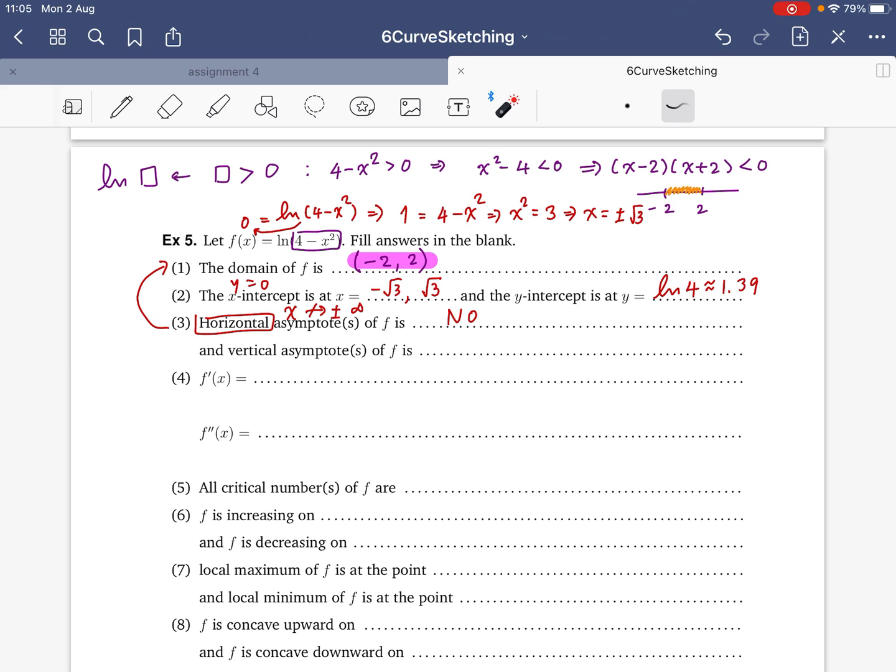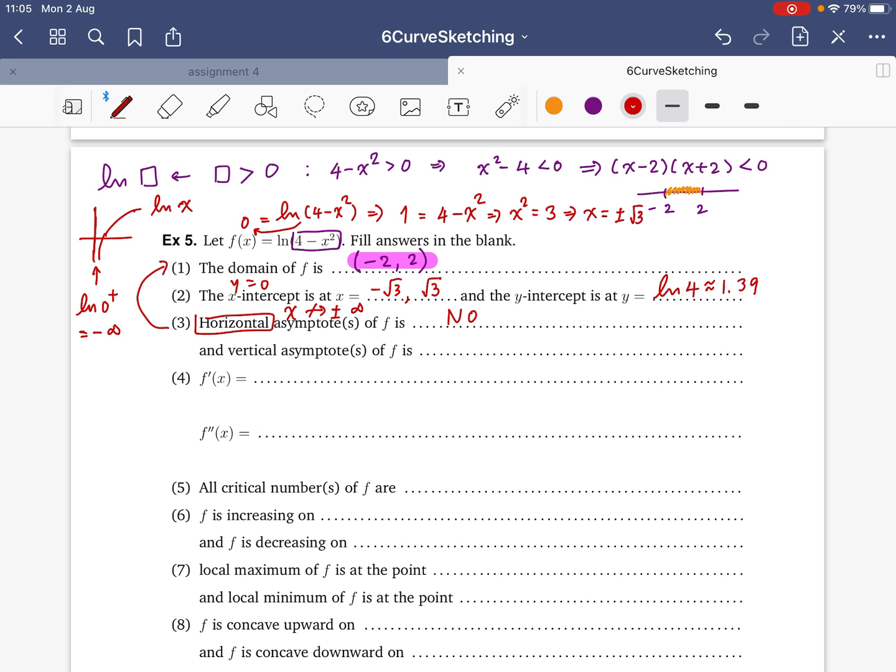Because we got two kinds of infinity for the logarithm. Remember, the log of x will go like this. The log of infinity goes to infinity, and as you go close to 0 on the right, it goes to negative infinity, right?